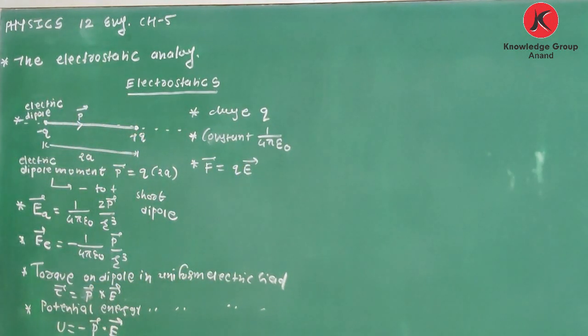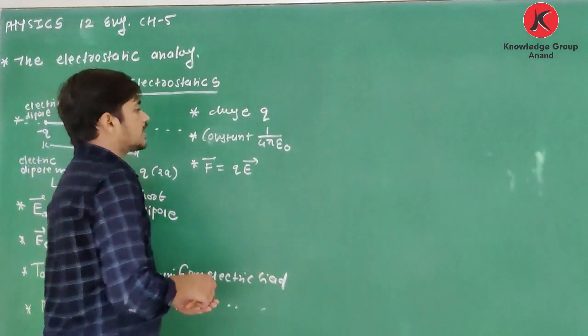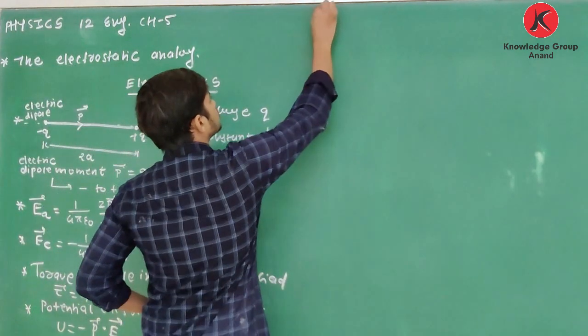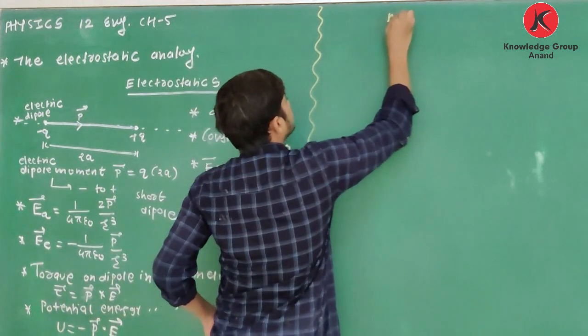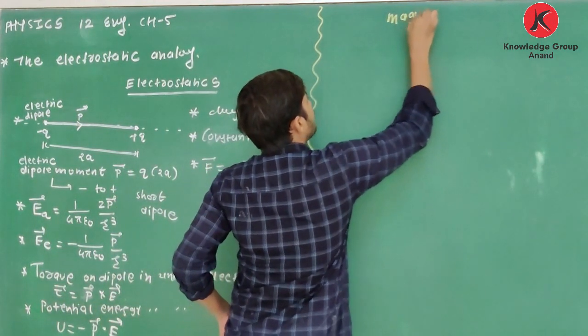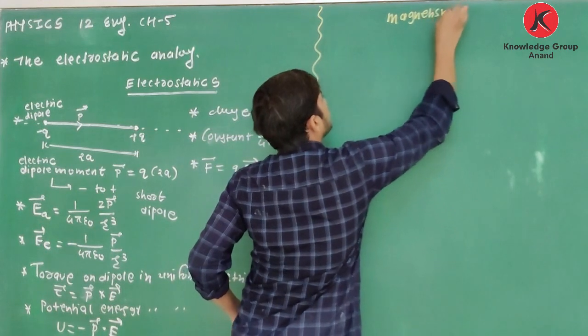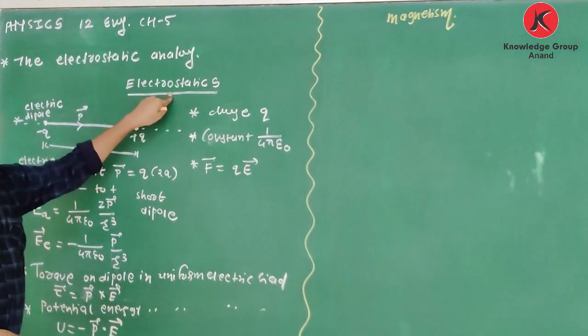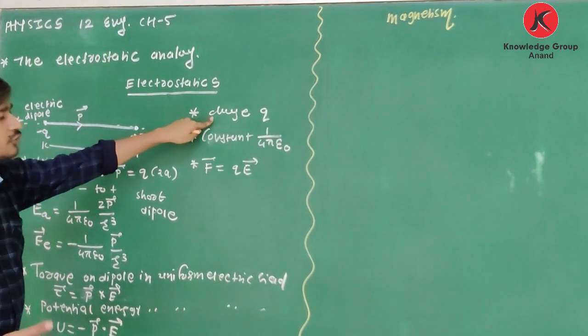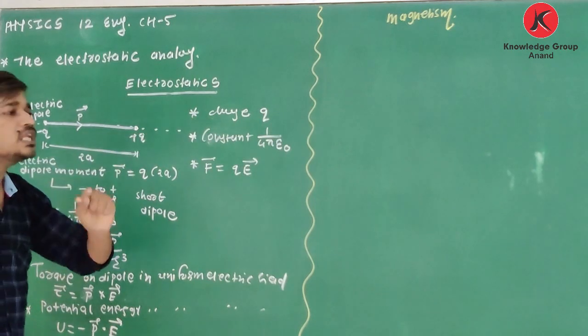So in magnetism, how do we write each and everything? Now we will write the same things in magnetism. In electrostatics, the fundamental quantity is charge, so in magnetism it is pole strength.